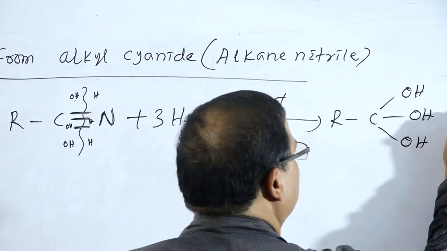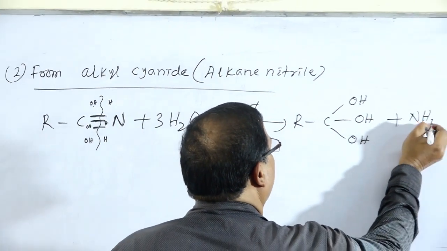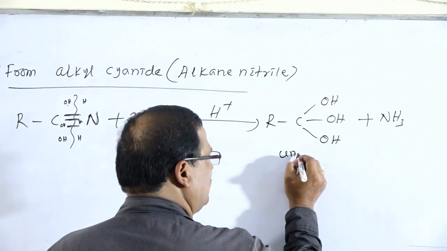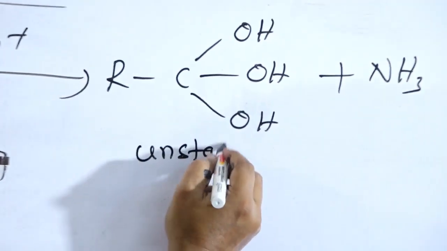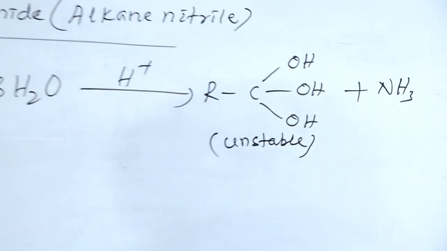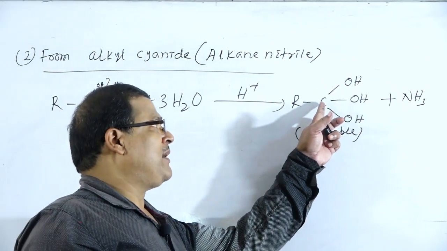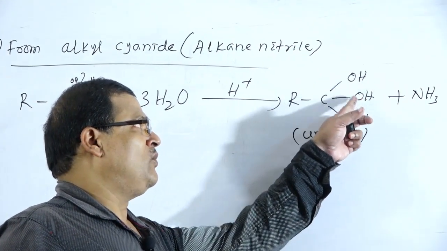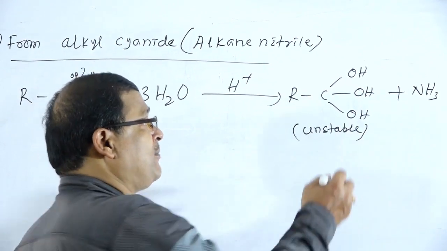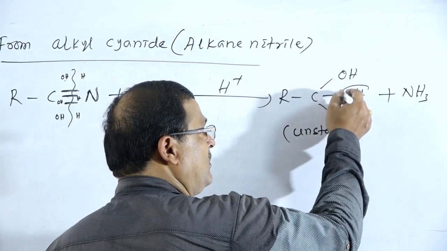So there is the formation of this compound and ammonia. But this compound is unstable, because the same carbon atom contains more than one OH group. Therefore, it will give carboxylic acid by the loss of a water molecule.